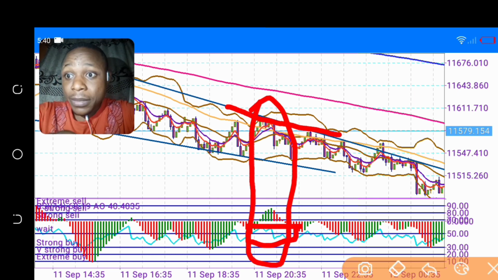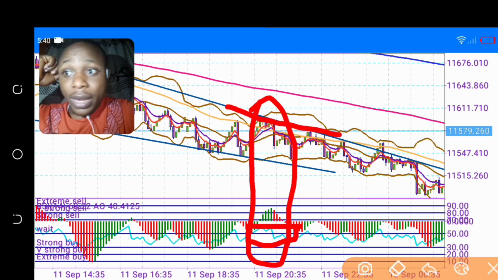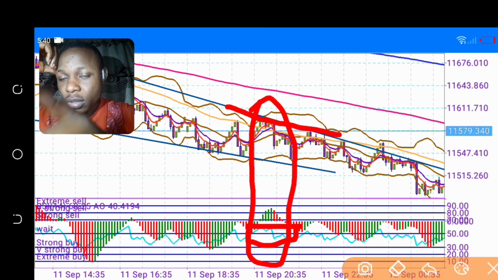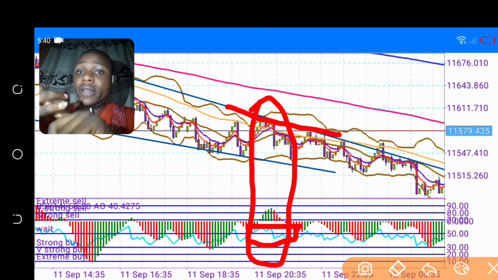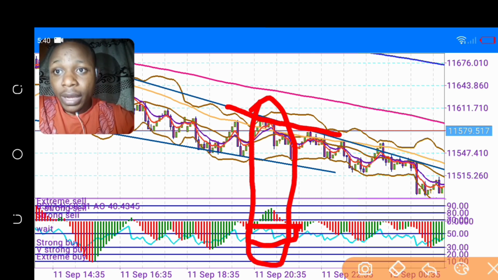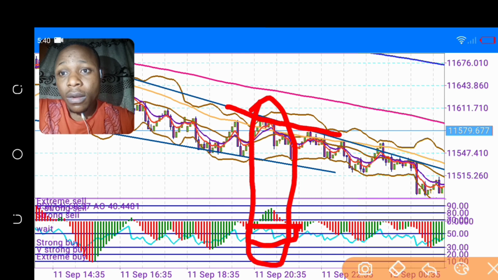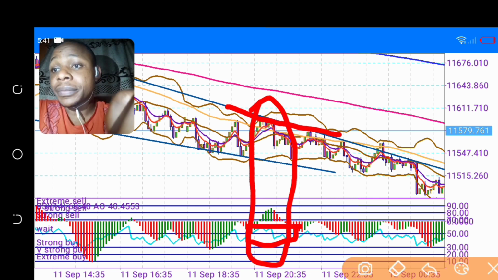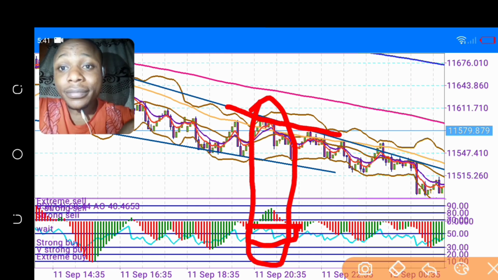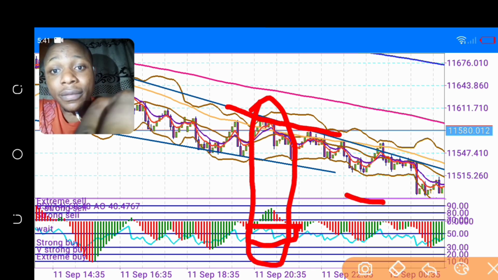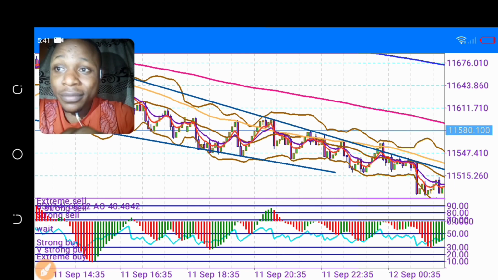But most of the times when the indicator is telling you very strong sell or extreme sell or buy, don't depend on just strong sell or strong buy.